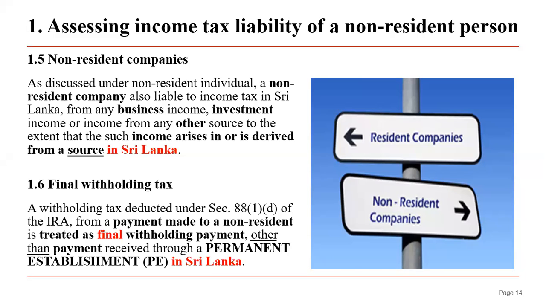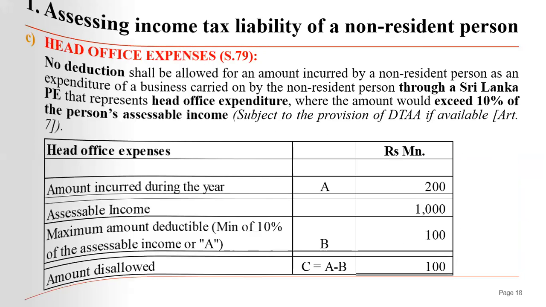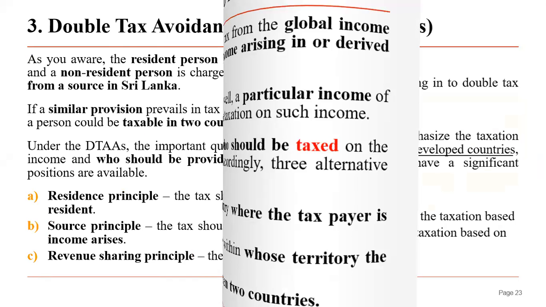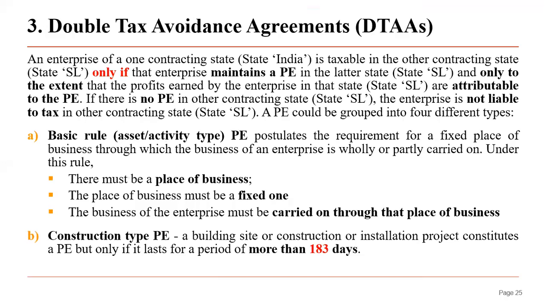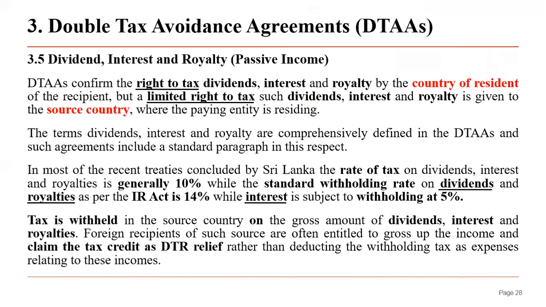Then you are required to deduct 14% normally, unless the DTA provides a concessionary rate. I will explain one by one after going through the balance area, how to determine the withholding tax for each category when we are discussing the DTA.